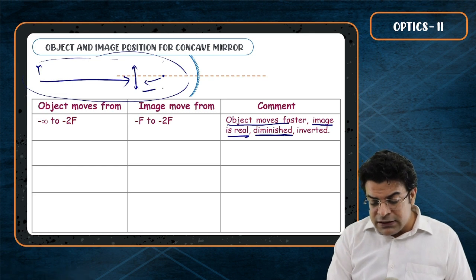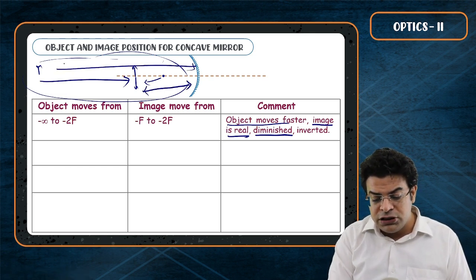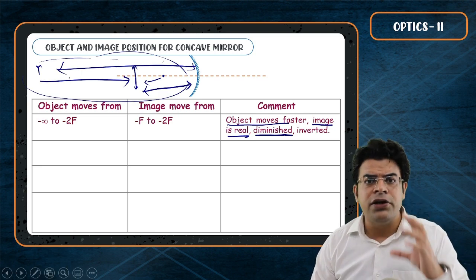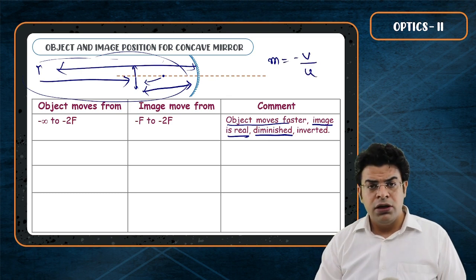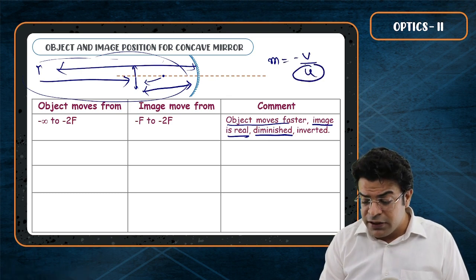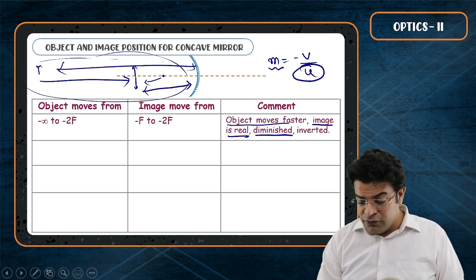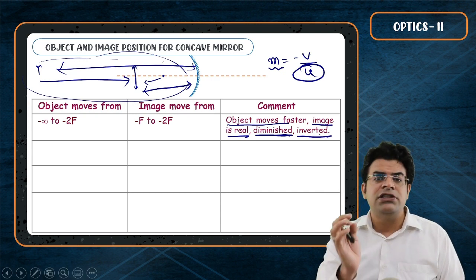Because you can see that the image is closer to the mirror compared to the object for all the positions. Since the image is closer, if you think about the magnitude of the magnification, magnification is minus v by u. So since the object is at greater distance, the magnitude of magnification will be less than 1. So you will say that image will be diminished, and image has to be inverted as the object and image are on same side.